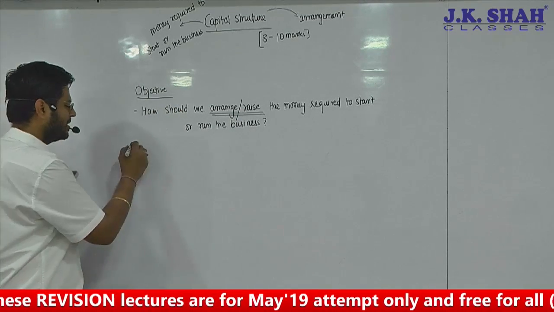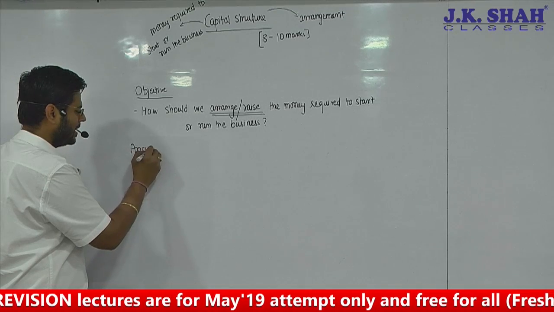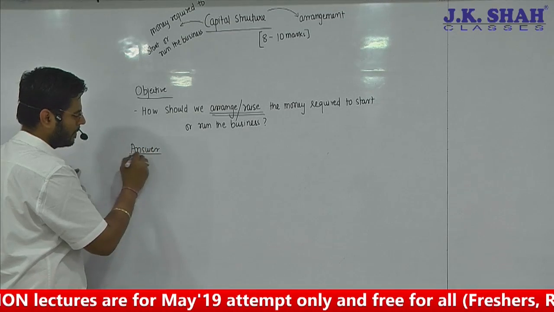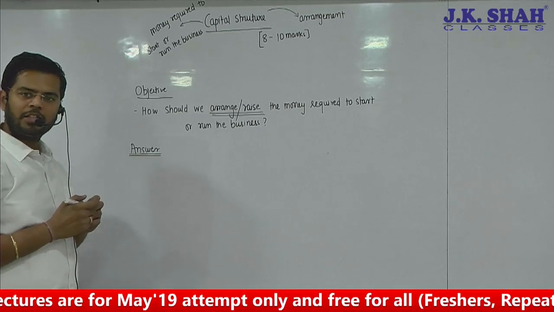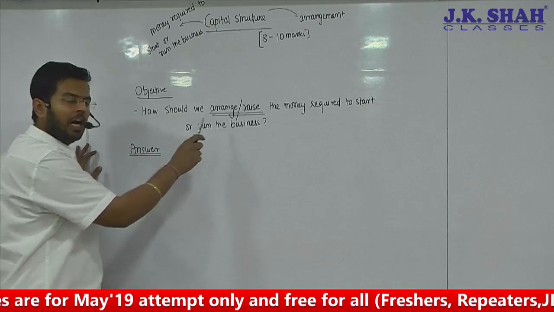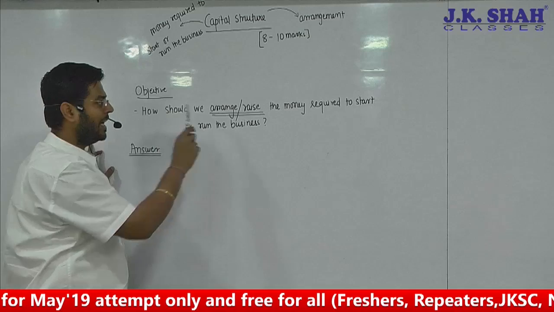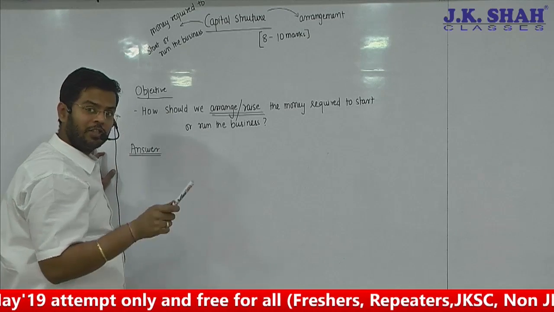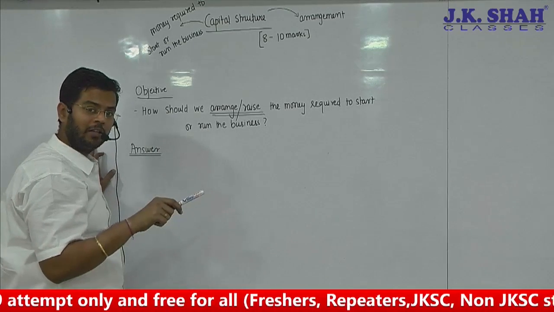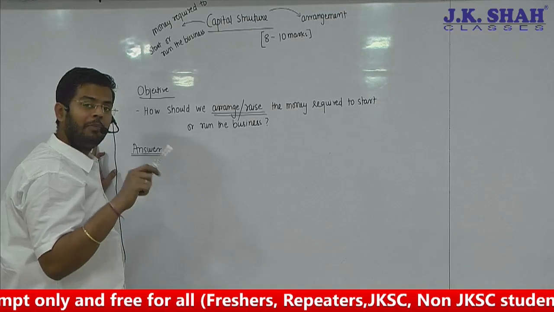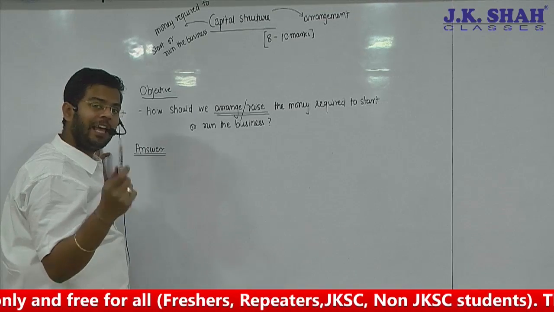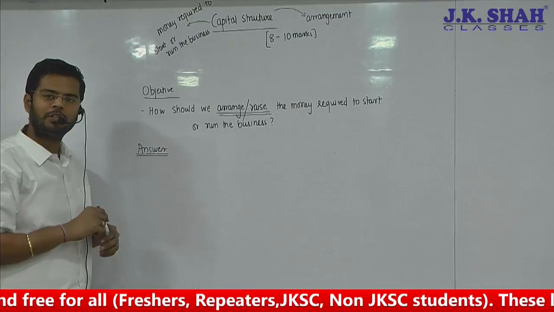And believe me, the answer is also very simple, friends. The answer is what you know. Arrange money, raise money in such a way and in such a manner that it maximizes the wealth of the equity shareholders.